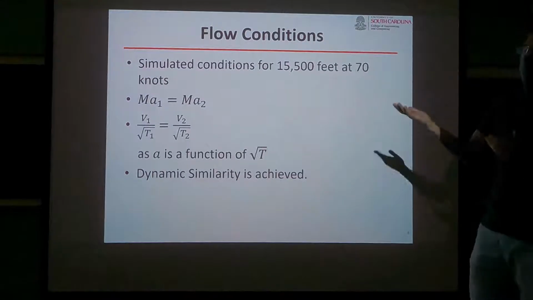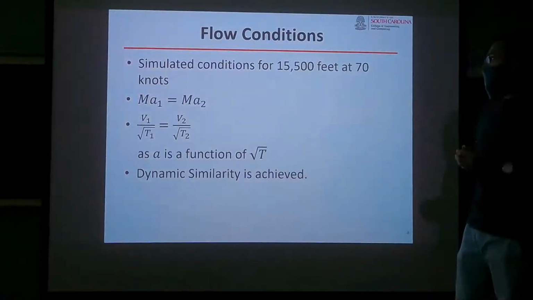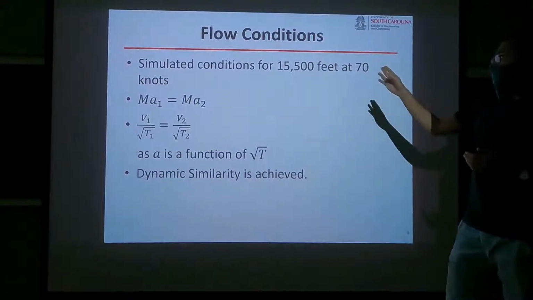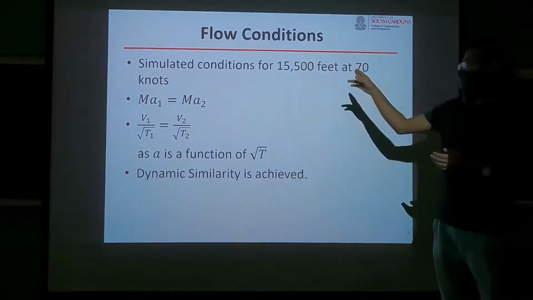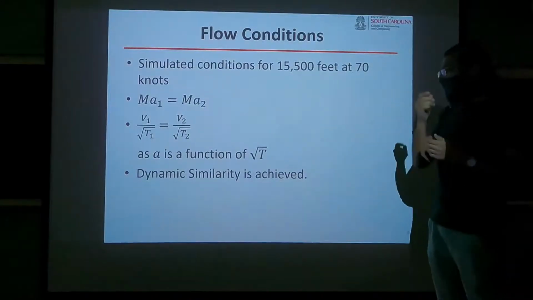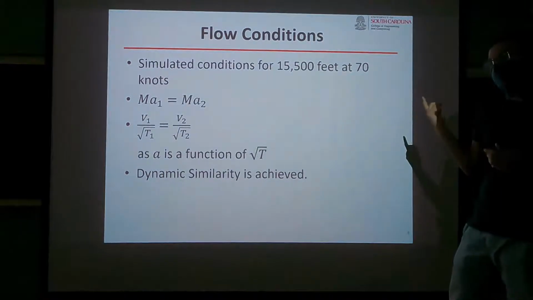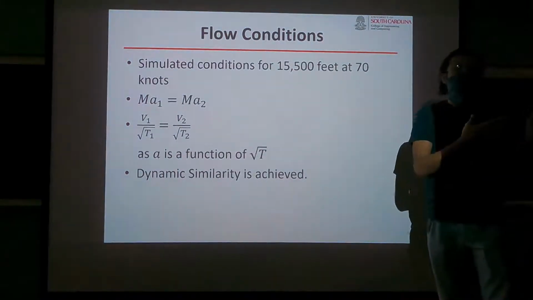You could do it at a lot of velocities, air speeds, or whatever you want. But we chose 70 knots at 15,500 feet because that's the flight envelope for the Beechcraft. And the 70 knots was chosen because this was under the limits of the wind tunnel.